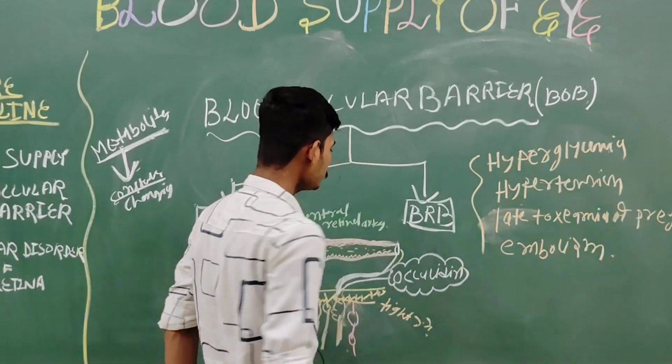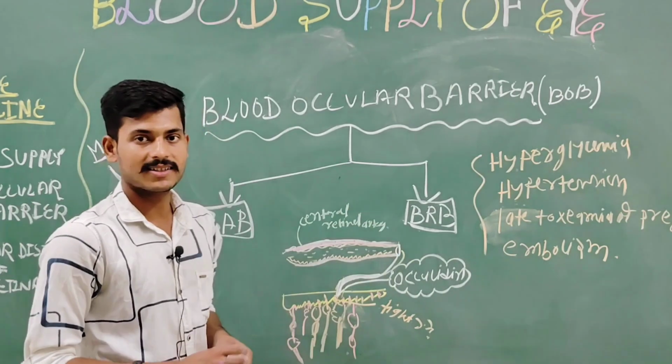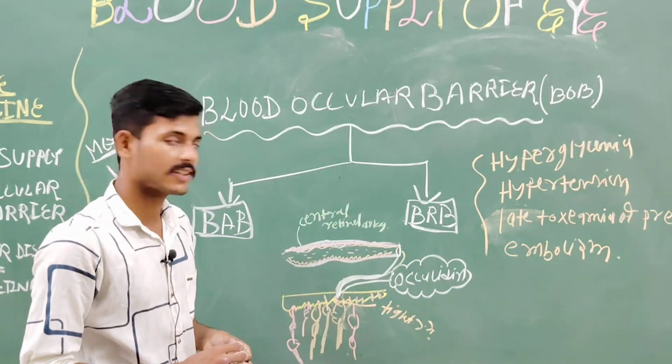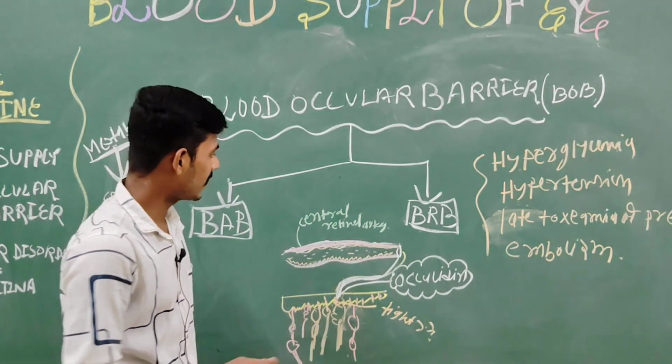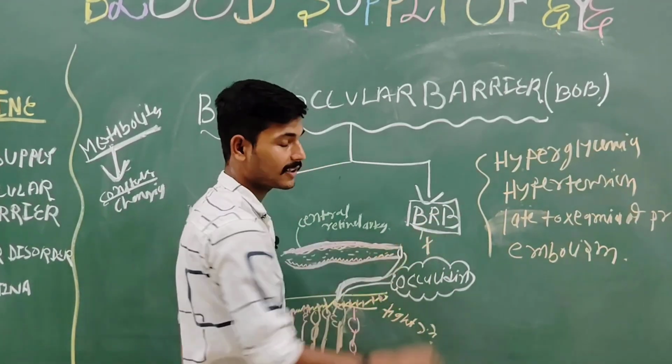Now, when there is hypertension or hyperglycemia, especially hyperglycemia, there will be a breakage of this blood-retinal barrier.